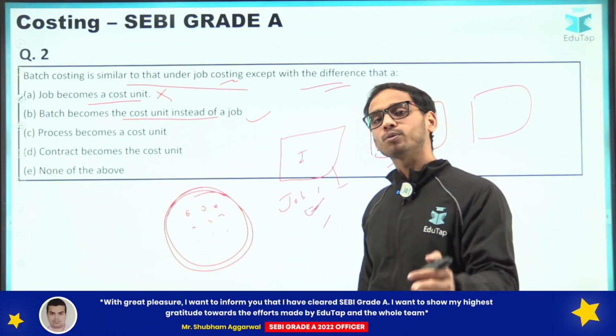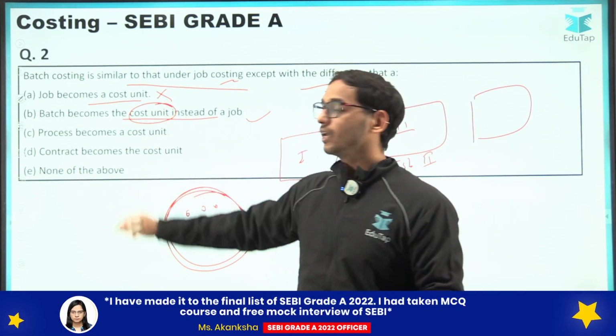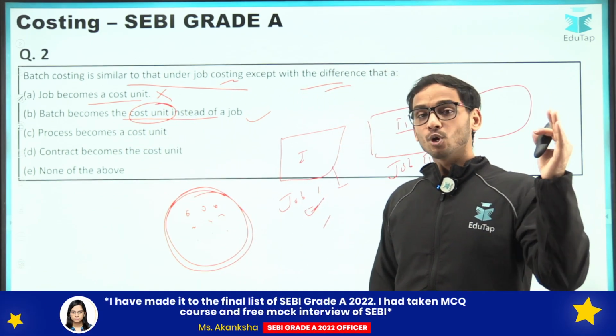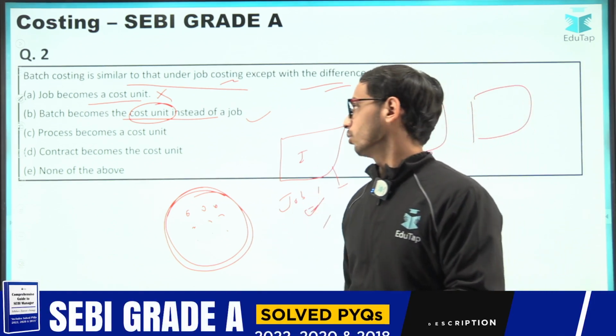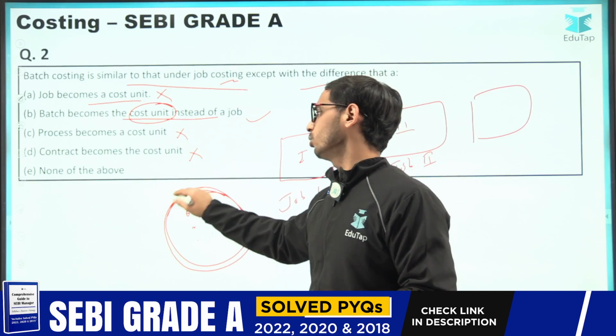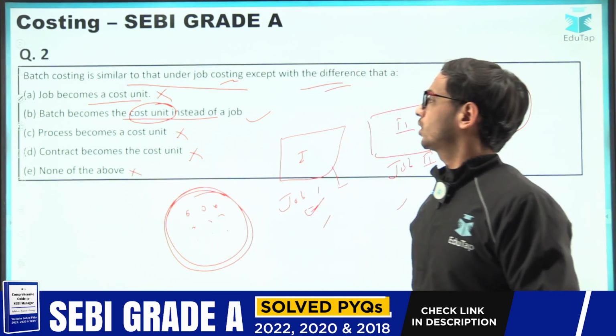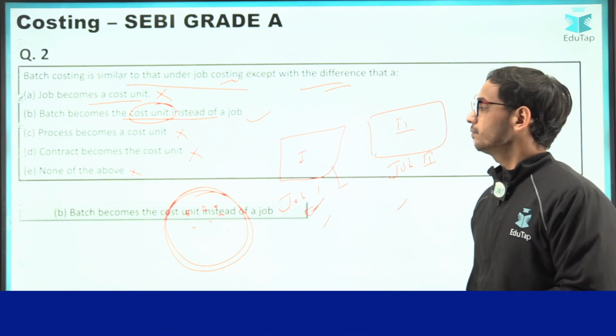That's the difference between job costing and batch costing when we talk about the cost unit. Okay, process becomes a cost unit? No. Contract becomes a cost unit? No. None of the above. So the correct option here is option B. Easy enough. Let's move ahead.